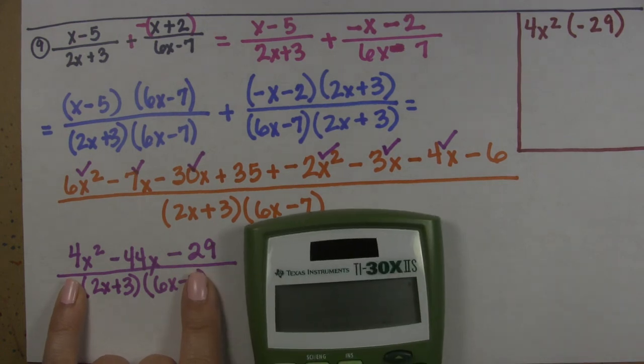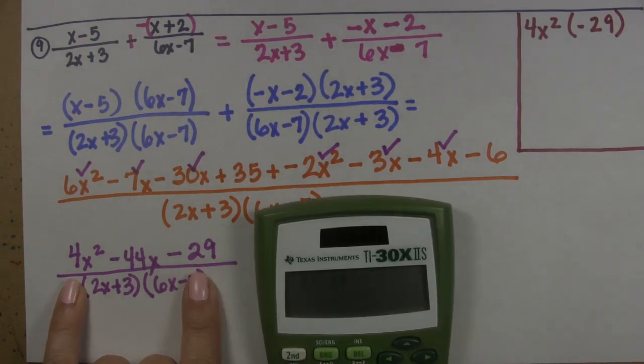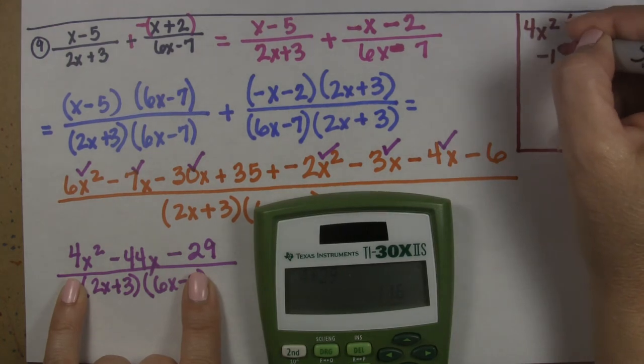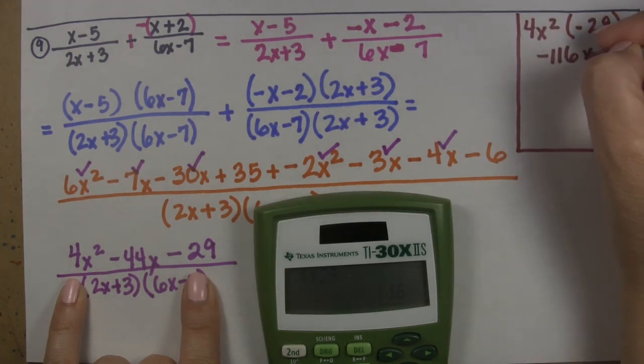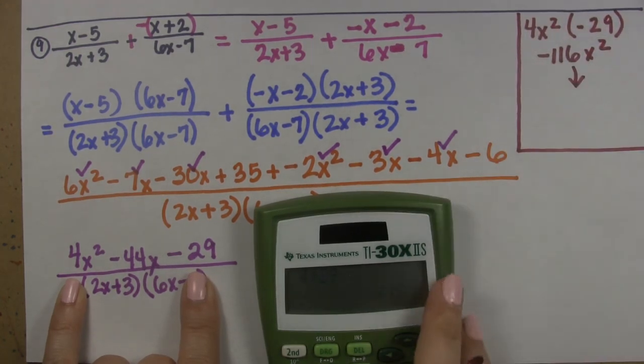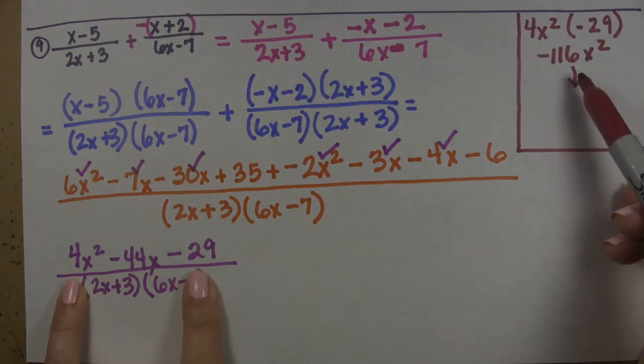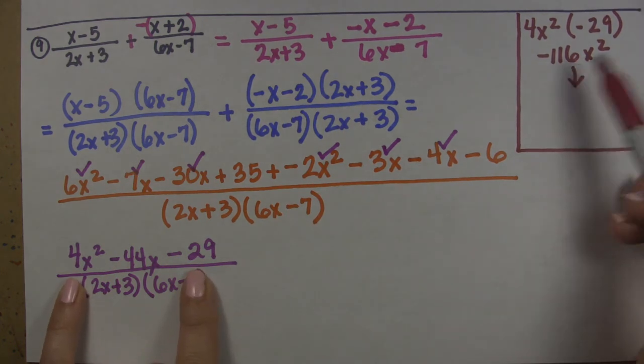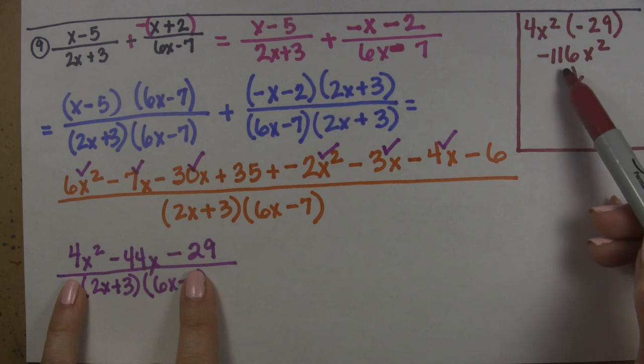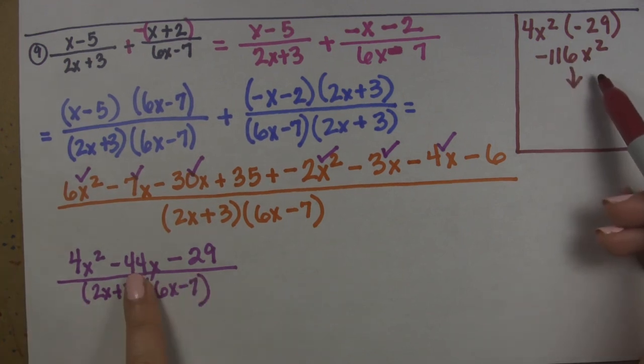Let's see if we do this math, what do we get? 4 times 29 is 116. So that's negative 116x squared. So now what we want to do is we want to see if we can think of any numbers, two numbers, that multiply together to make negative 116, but add together to make negative 44.